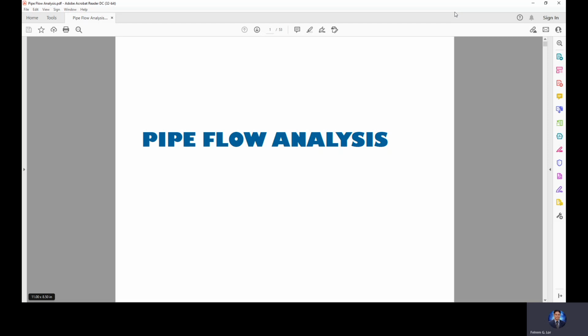Last meeting we discussed the governing equations in fluid flow analysis. Those equations and concepts, we'll try to apply and relate to pipe flow applications. Okay, so we will start with pipe flow analysis.